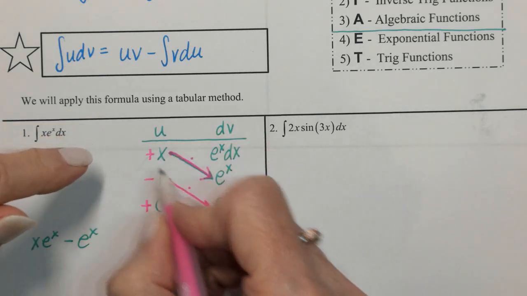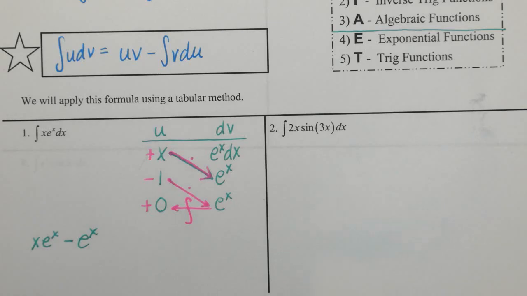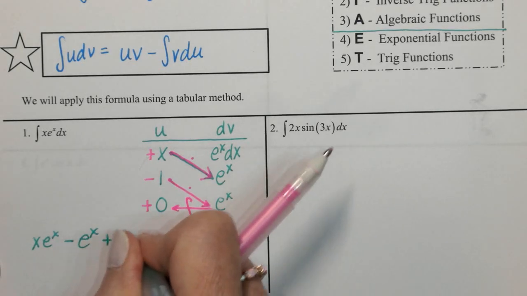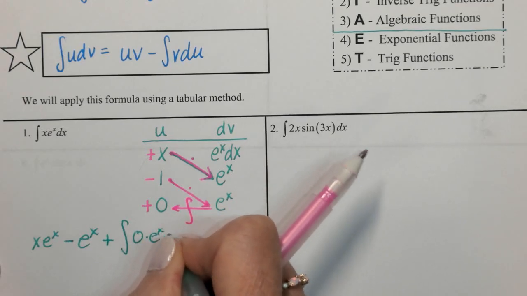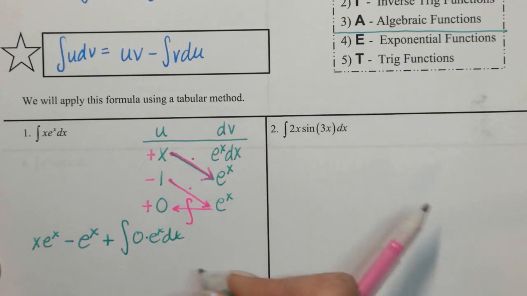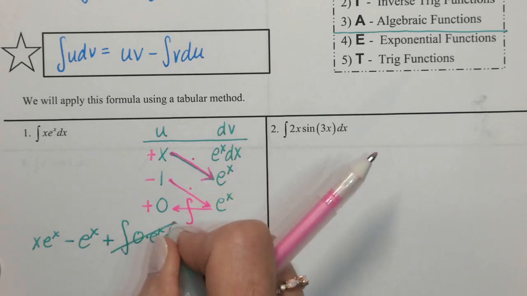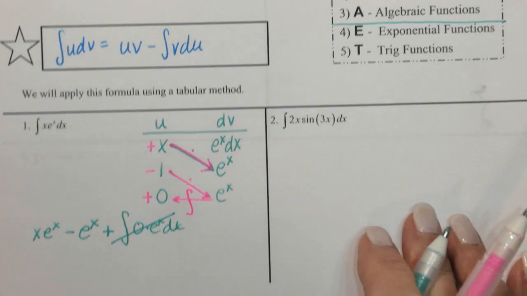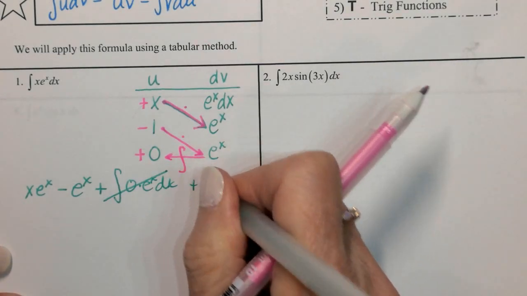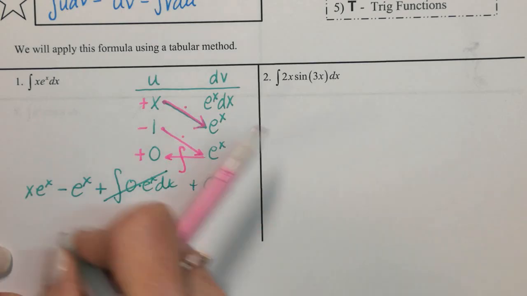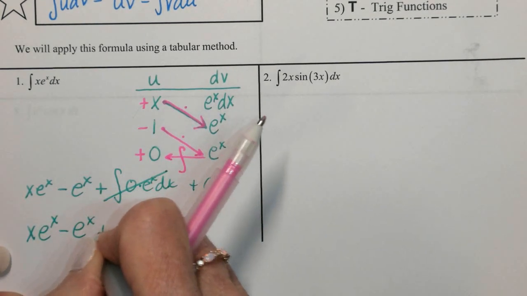So if you do go horizontally, if it's not a 0, in this case, we can think of it as plus the integral of 0 times e to the x. But 0 times e to the x is 0, and the integral of 0 is 0. So this is just 0 here. But sometimes it won't be. We'll do somewhere it's not. So all we do is add c, and we're done. All right? So our answer here is x e to the x minus e to the x plus c.